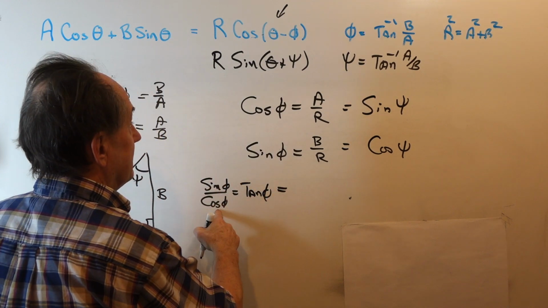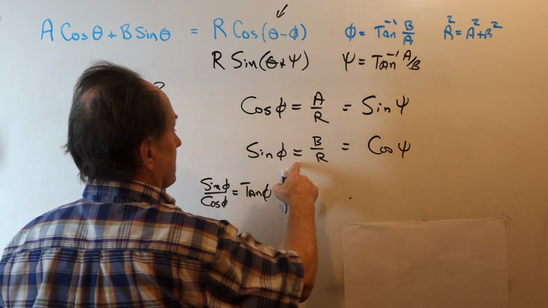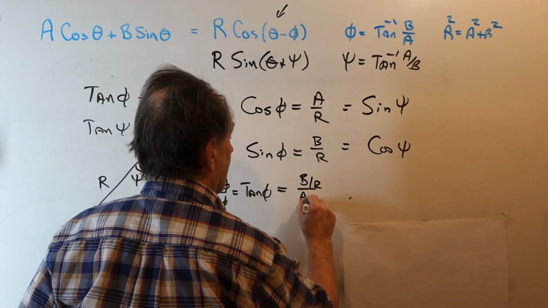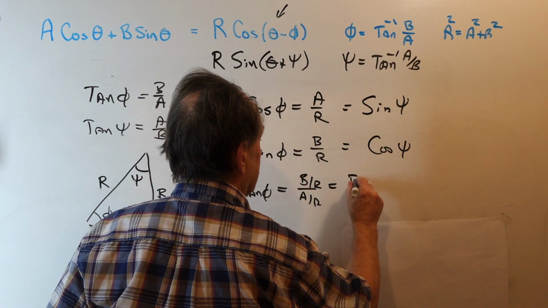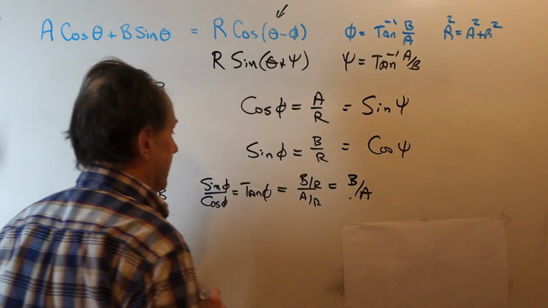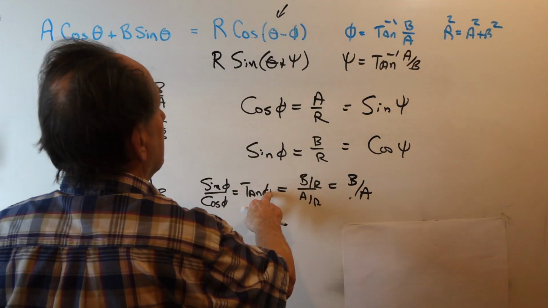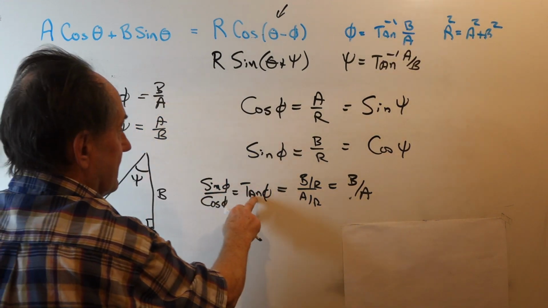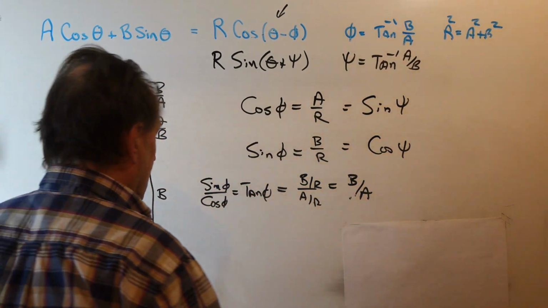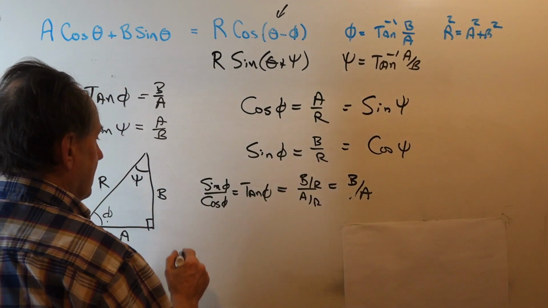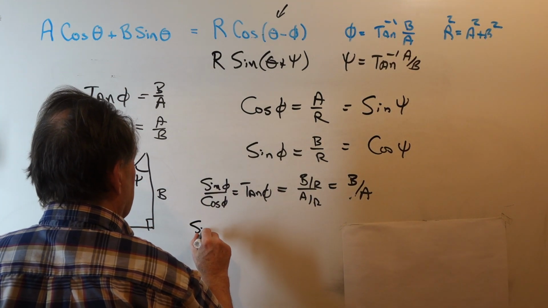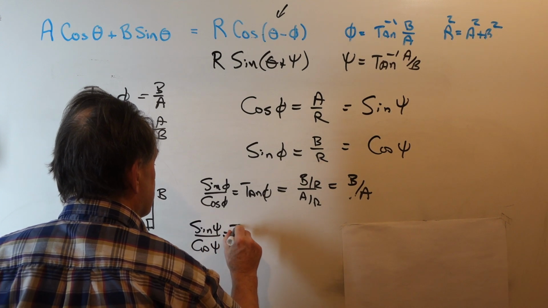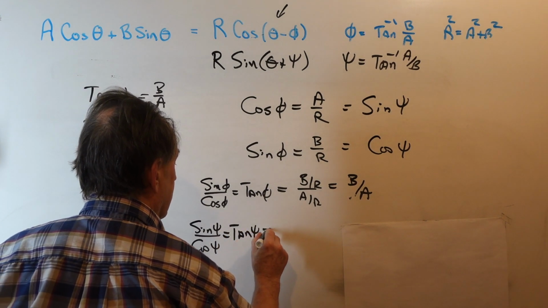But what's sine phi divided by cosine phi? That's B over R divided by A over R. The R's cancel, so we end up with B over A. And we see that right here. Remember, the tangent of phi is B over A. How about the sine of psi over the cosine of psi, which is the tangent of psi?